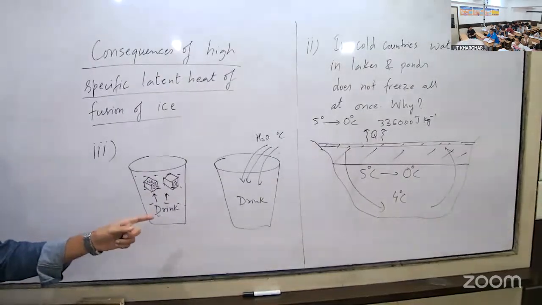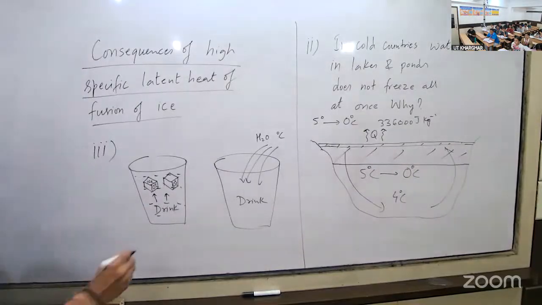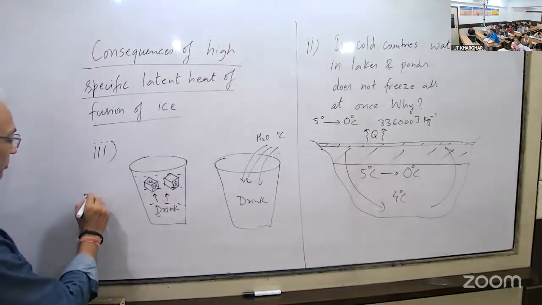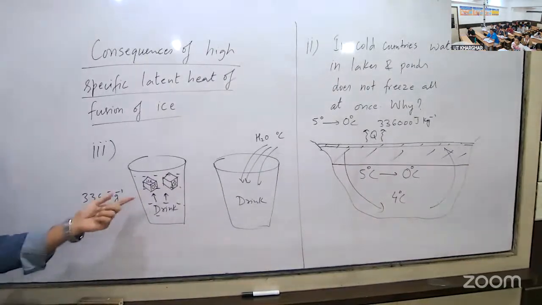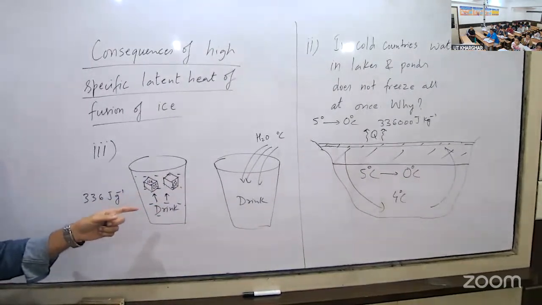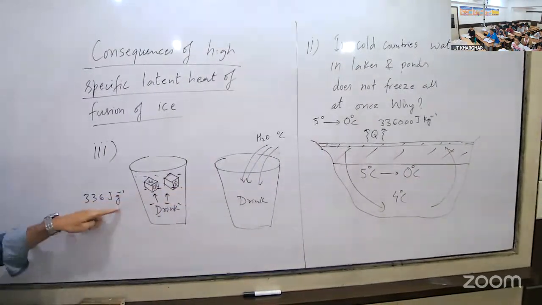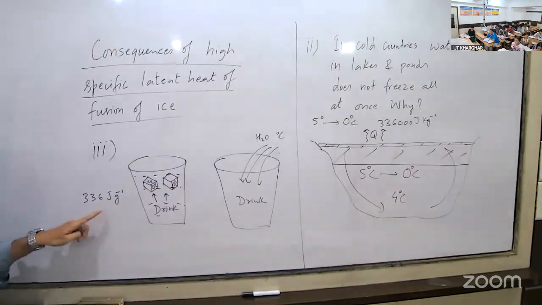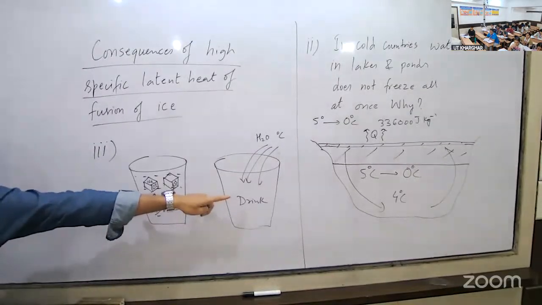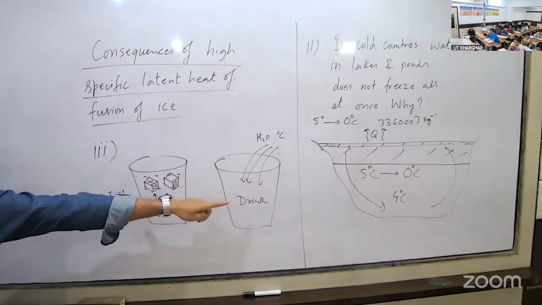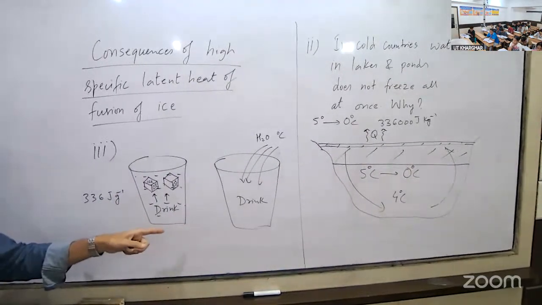After absorbing 336 joules per gram, the whole of the ice will melt. It will melt to 0 degree water. Means after absorbing this much additional heat, it has reached a state equal to water directly added at 0 degrees. So here this much additional heat is absorbed.